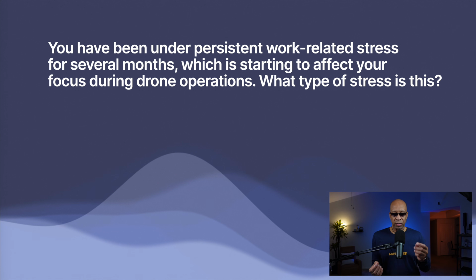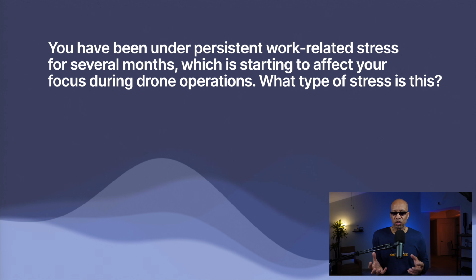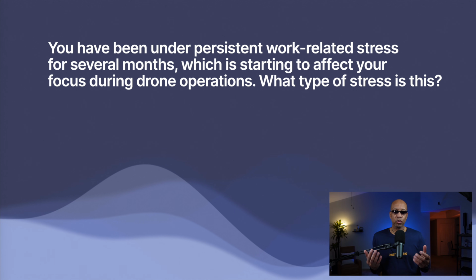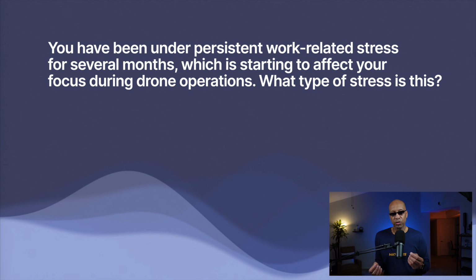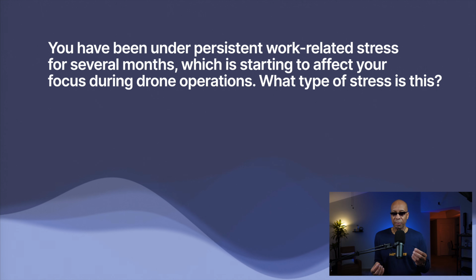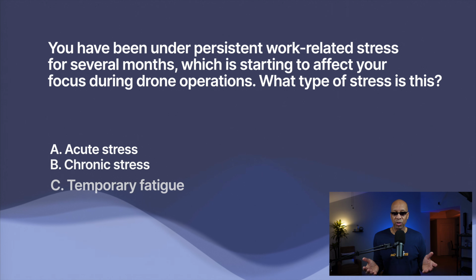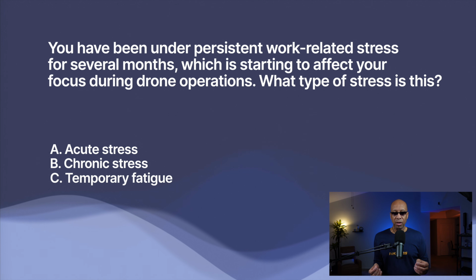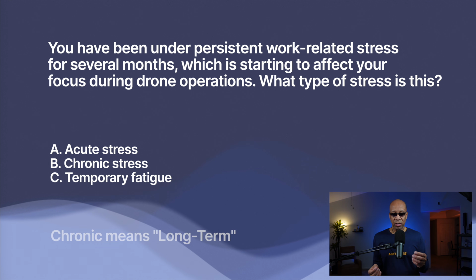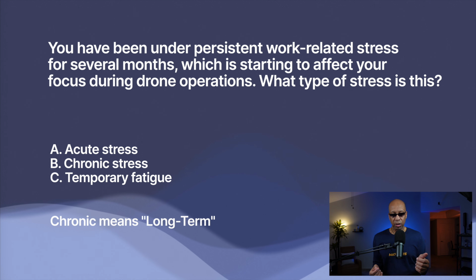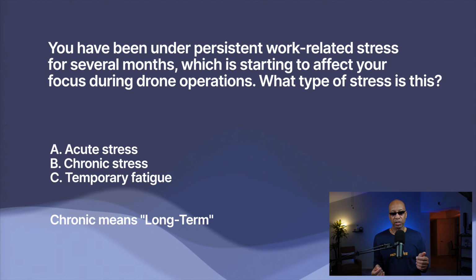You have been under persistent work-related stress for several months, which is starting to affect your focus during drone operations. What type of stress is this? Now, do I need to tell you the answer? Because I already gave it to you. The correct answer is B, chronic stress. You see the answers here, A being acute stress, B being chronic stress, C being temporary fatigue.